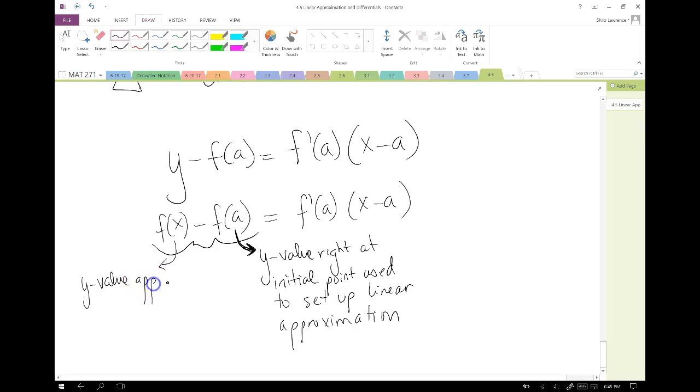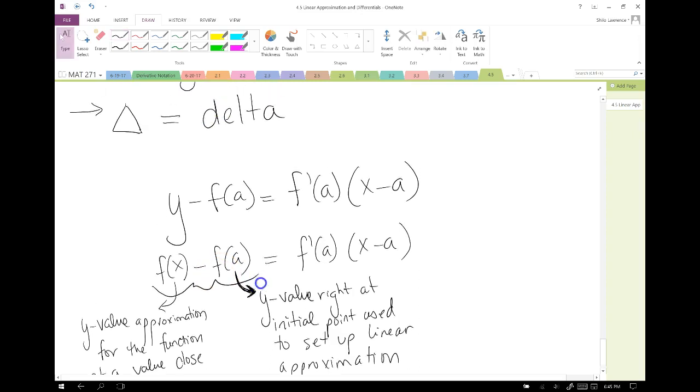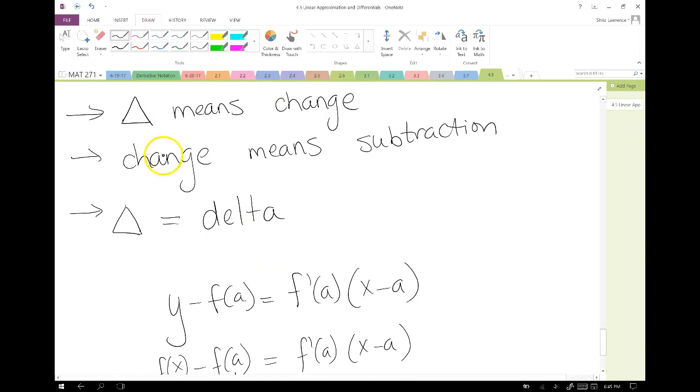This is a y value approximation for the function at a value close by x equals a. And we're subtracting them. They're both y values, and we're subtracting them. So really, we're finding a change in the y value.